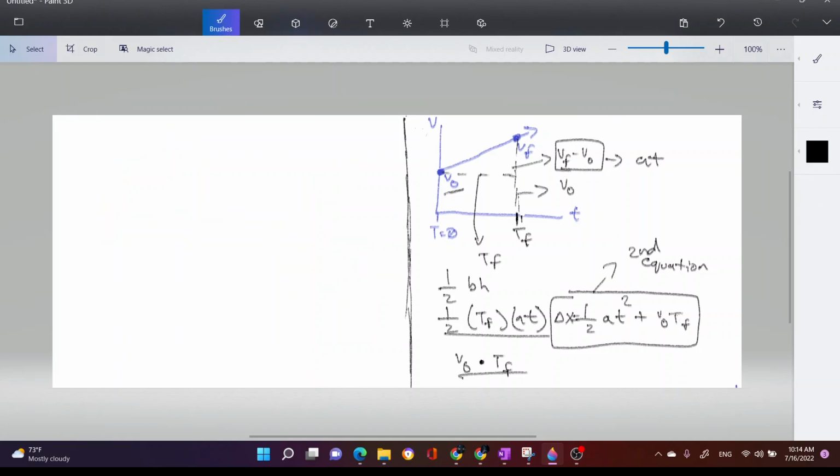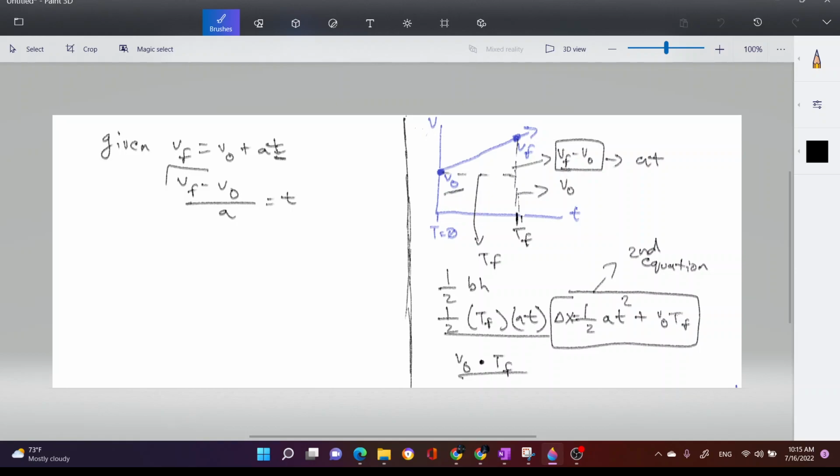Alright, so now that we have our second equation, we're given that VF is equal to V naught plus AT from the first equation. So using this information, let's solve for time here. When we solve for time, we get VF minus V naught over A, which is equal to time.